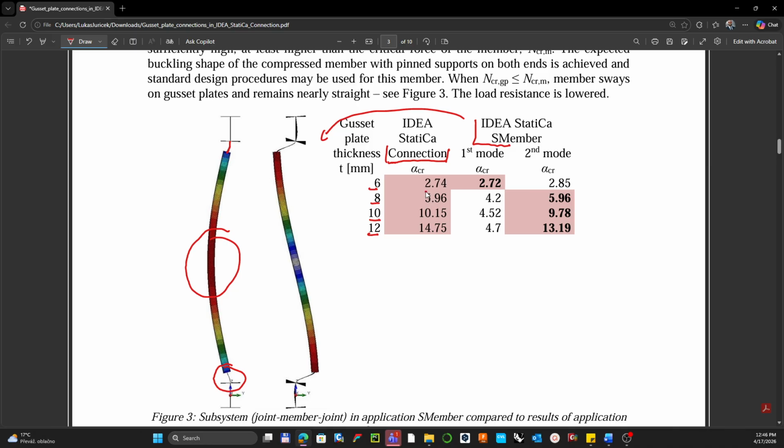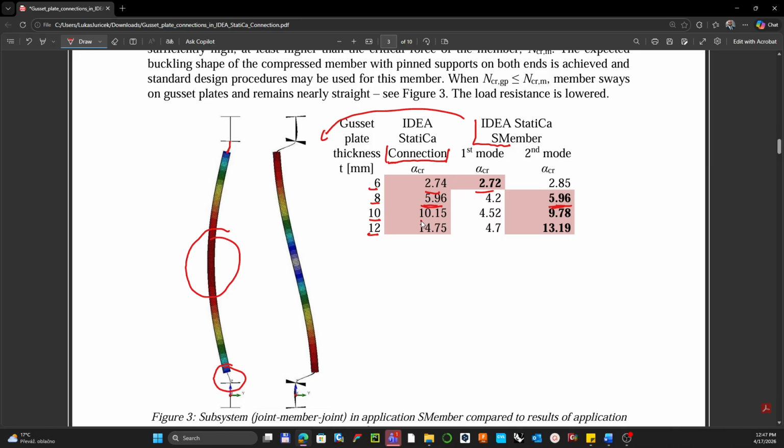At first, for a thickness of 6 millimeters, there are almost 100% identical critical modes and alpha critical. For thickness 6 and 8 millimeters, as you can see, the same mode shapes were found for the second mode shape in IDEA StatiCa Member and for the first mode shape in IDEA StatiCa Connection.